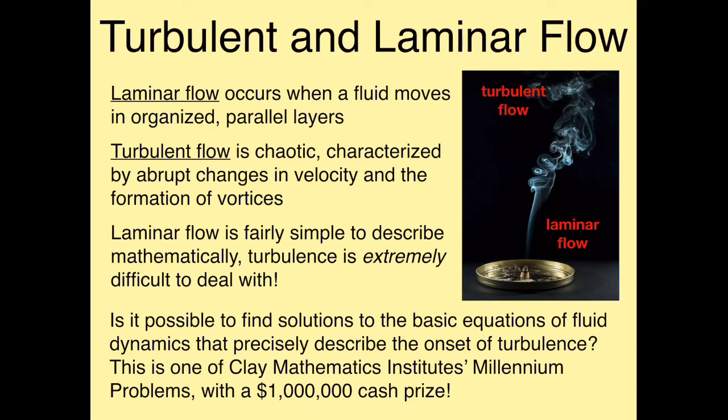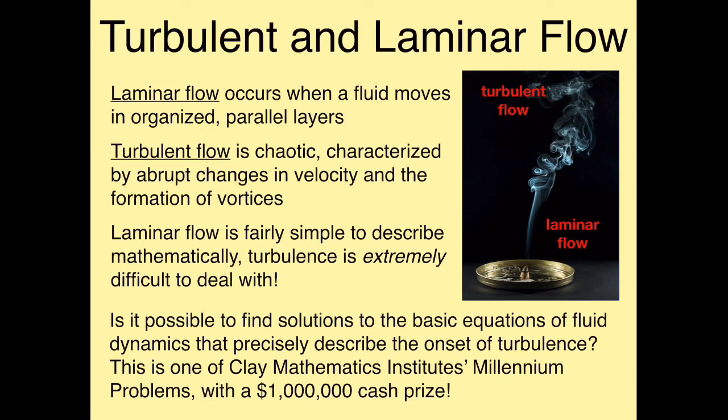In fact, back in the year 2000, the Clay Mathematics Institute put out what are called the Millennium Problems. This was a list of 7 unsolved problems in mathematics. Each one has a $1 million cash prize attached to it. So if you can solve one of these problems, you automatically get $1 million.